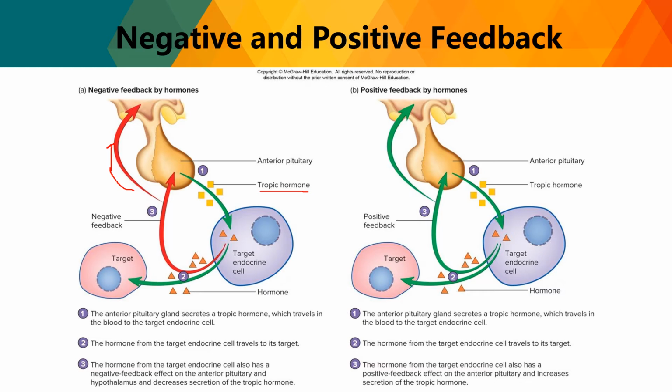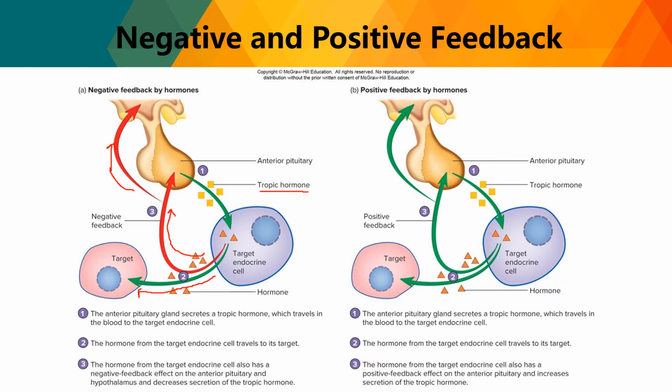The first one would be a negative feedback, which is an inhibitory going to the anterior pituitary. Ibig sabihin yung na-release niya na hormone dito, ini-stop niya ngayon yung pagpoproduce ng additional trophic hormones. And then the second one would be the hormones traveling to your target cell, which is stimulatory.